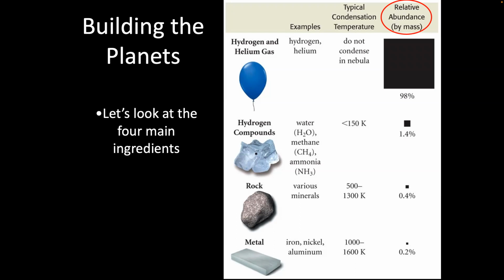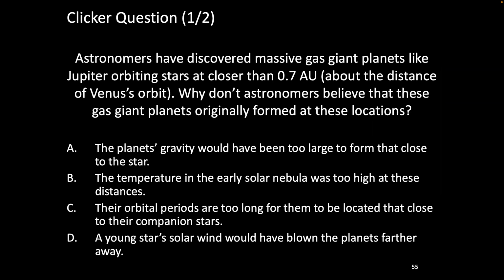Cool. Okay, so let's use this in action. Astronomers have discovered massive gas giant planets like Jupiter orbiting stars closer than 0.7 AU. That's about the distance of Venus's orbit.